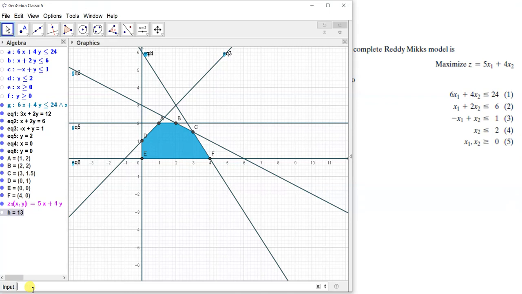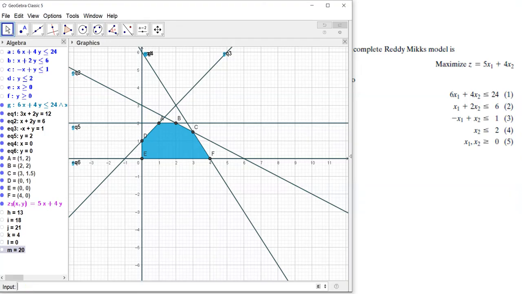The value of z at point A is 13, at point B is 18, at point C is 21, at point D is 4, at point E is 0, and at point F is 20.